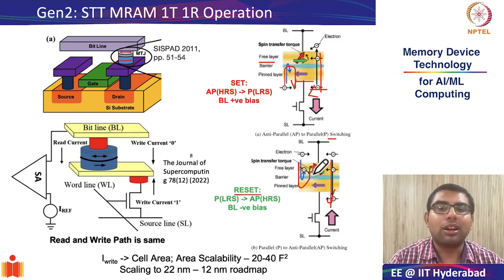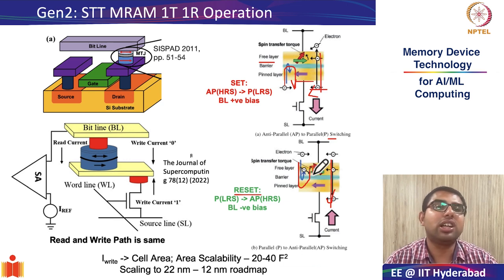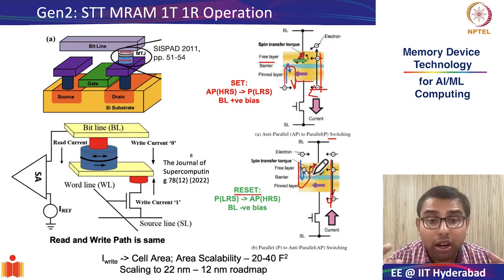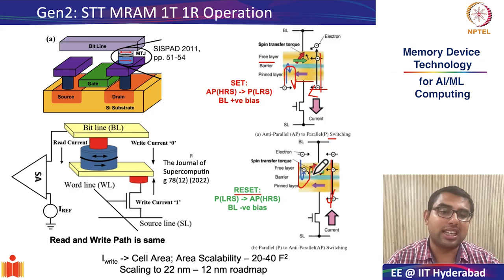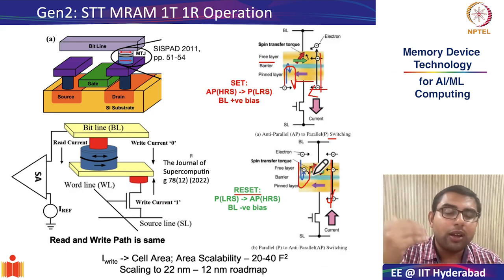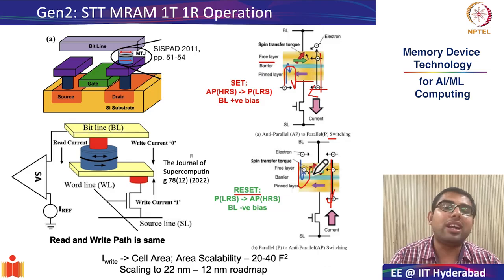So the key advantage of the second generation STT MRAMs is that you are really able to control the write current by scaling cell area. Therefore, area scalability has improved for STT MRAMs from almost 50 to 100 F squared in toggle MRAMs to 20 to 40 F squared in STT MRAMs.